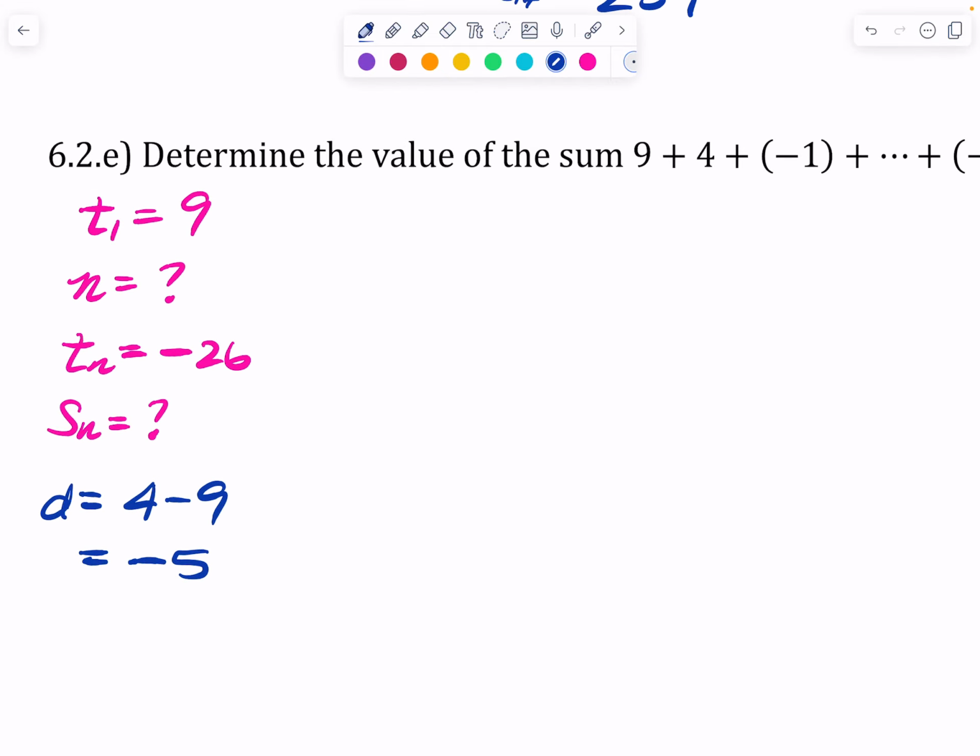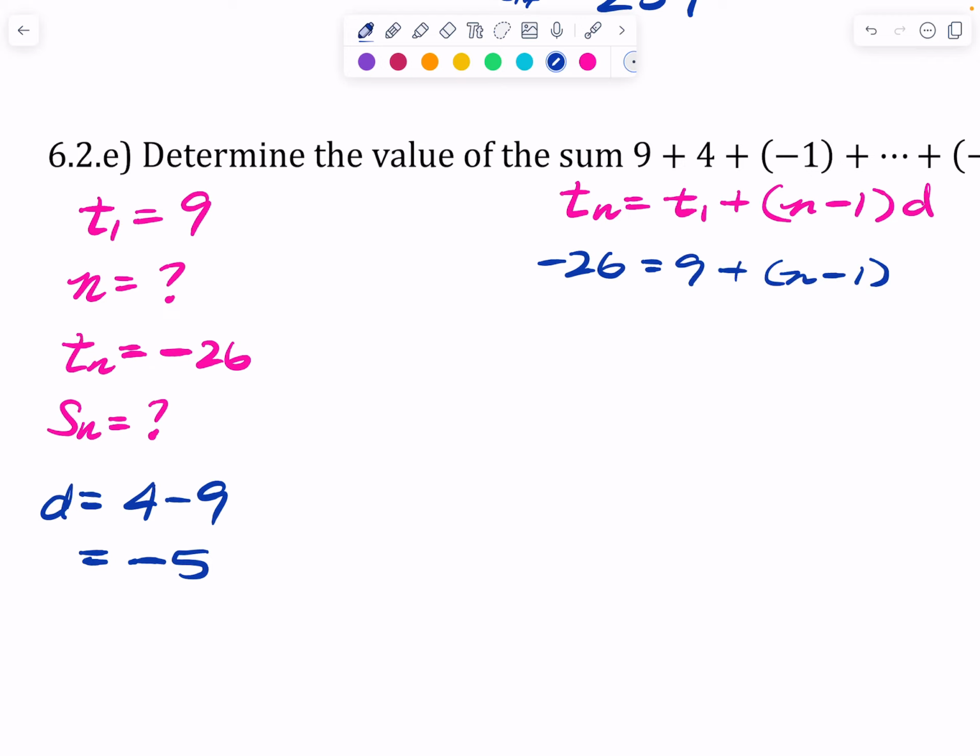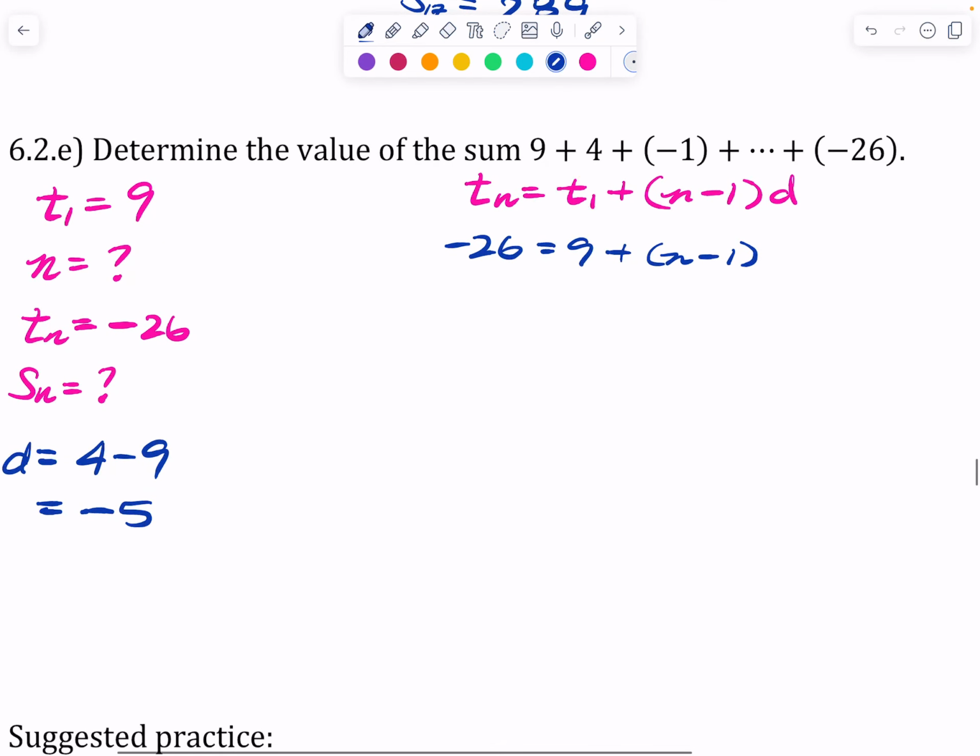Still don't know n, but going to use that formula. Tn equals T1 plus how many differences? Well, that's just n minus 1. So negative 26 is 9 plus n minus 1 times the difference. I was working on this earlier. I forgot that the difference was negative 5. Super easy to make substitution errors or even transcription errors as you go through this. So just double check values as you're playing with things.